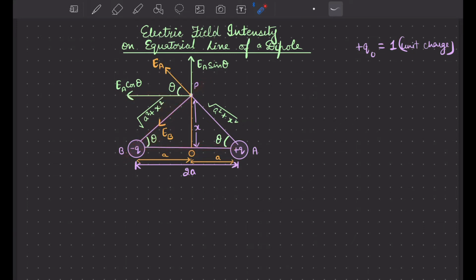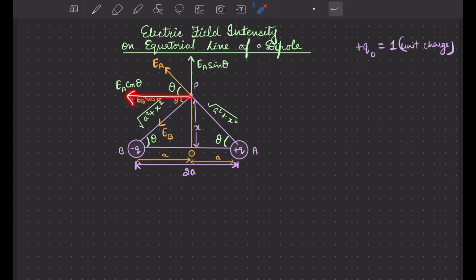That is why I will say EB is making angle theta with this line. If EB is making angle theta with this line, the component of electric field along this line will be taken as EB cos theta. So as I have taken EB cos theta along this direction, I want to resolve into the other component EB sin theta.